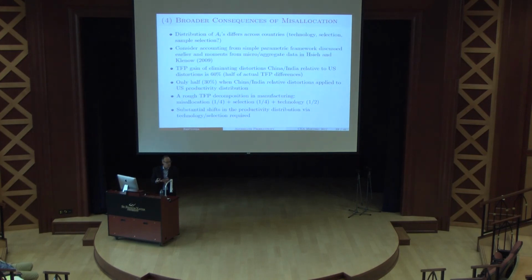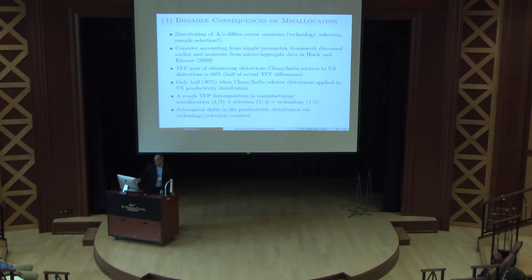So for these policies to really be a contributor to productivity gaps, you need to provide that connection. The way I do this is that I take the parametric version of the model I showed you earlier, but then I combine it with micro and aggregate moments from Hsieh and Klenow 2009 to provide a perspective on these productivity gaps.